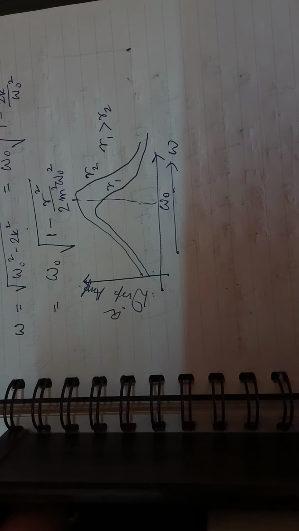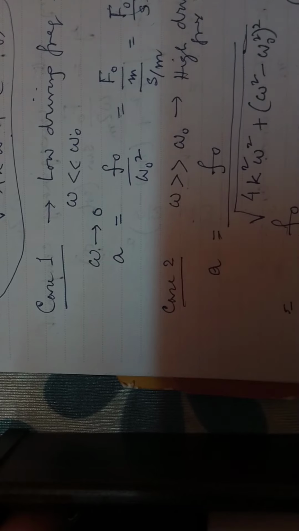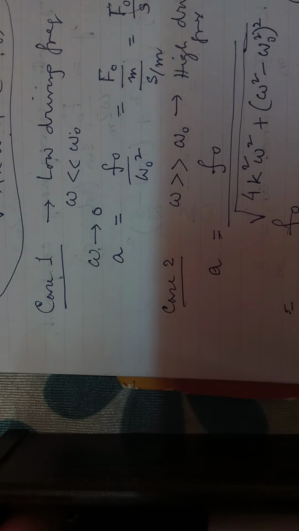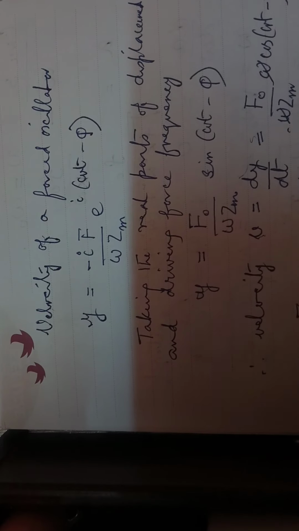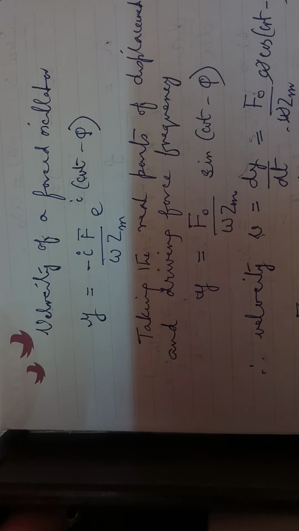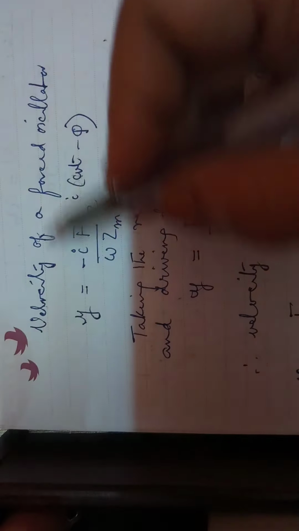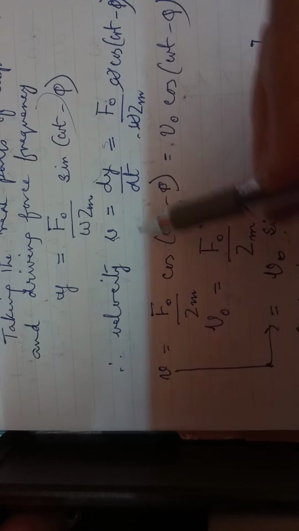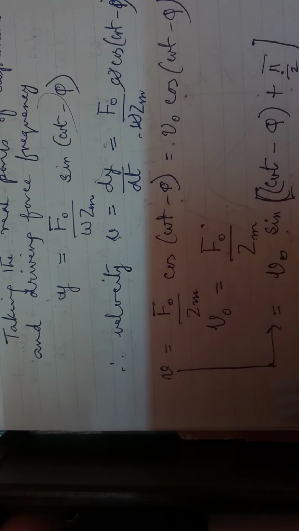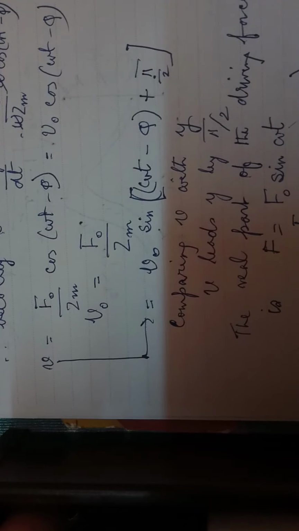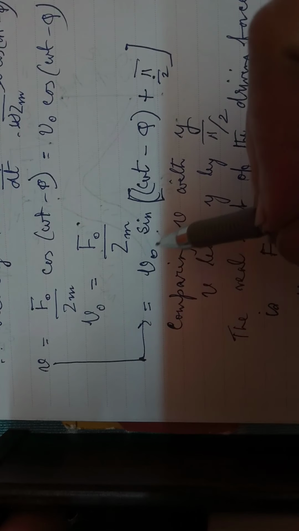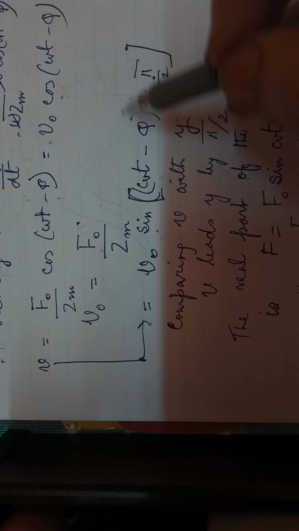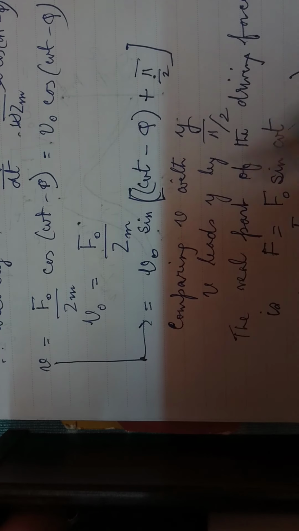Similarly, if we work on the velocity of a forced oscillator, what is our observation? Starting from the same master equation, if this is the real part which you take, then velocity is dy dt, and ultimately v is equal to v0 sine of (omega t minus phi plus pi by 2).